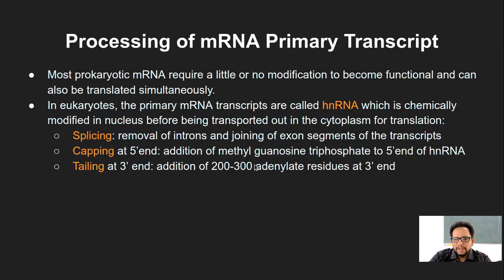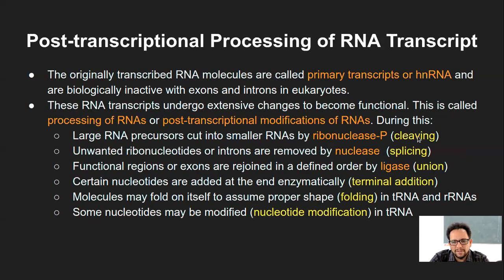Okay, so then the processing of the mRNA primary transcript. Now we have received the mRNA transcript, which is of a primary nature. So these were different changes that happen. That does not mean all of these changes happen in one mRNA transcript, right?